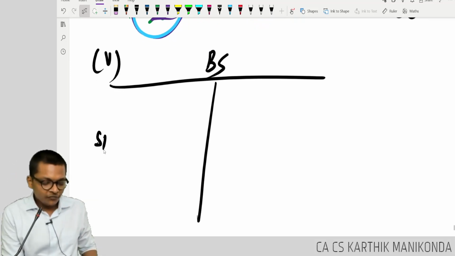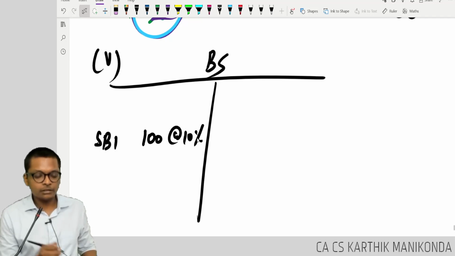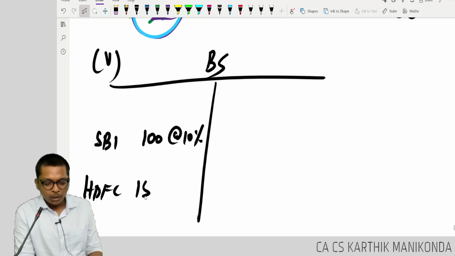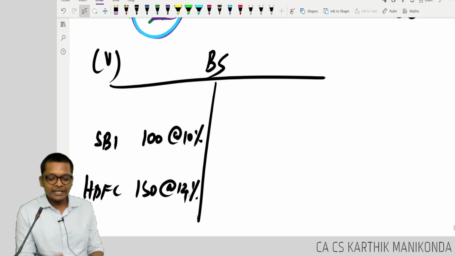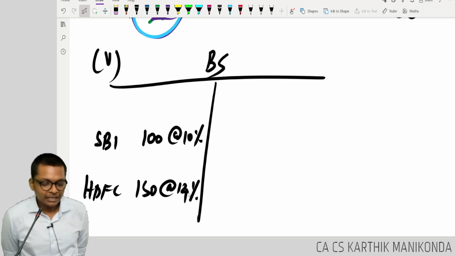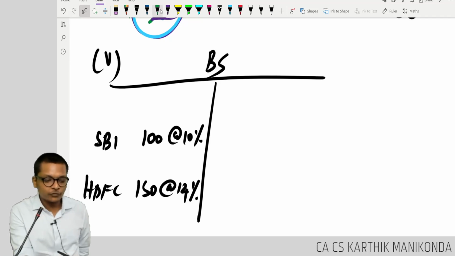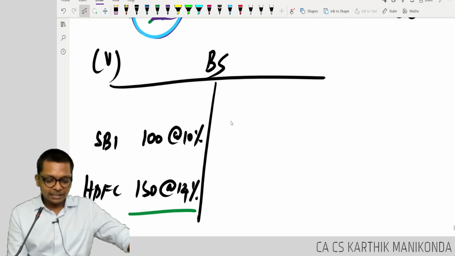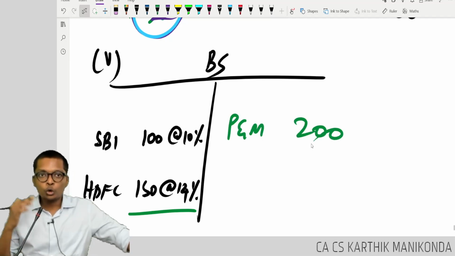Loan from SBI, let's say 100, interest at 10%. Loan from HDFC, 150 at 14% interest. My usage of this 250 is I constructed plant and machinery for 200.